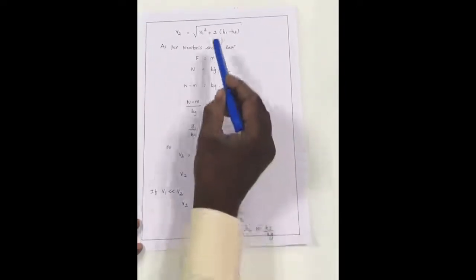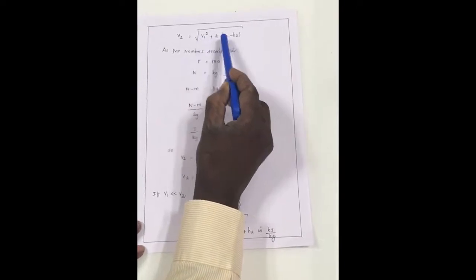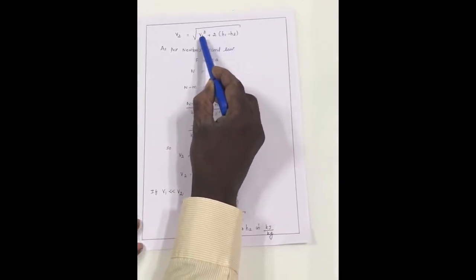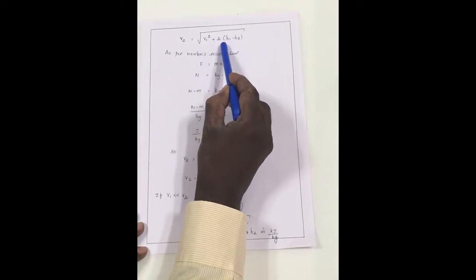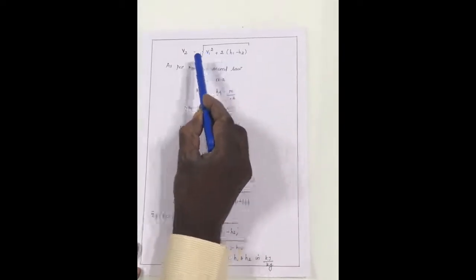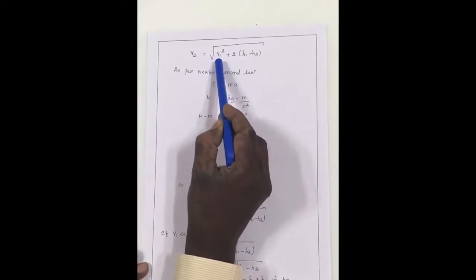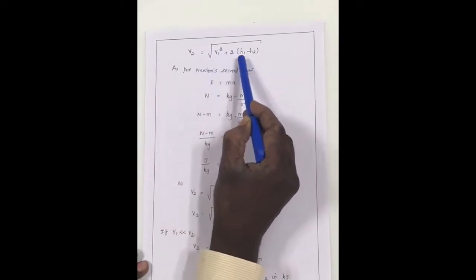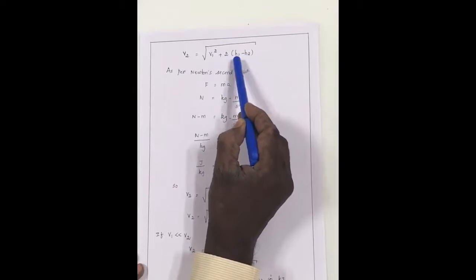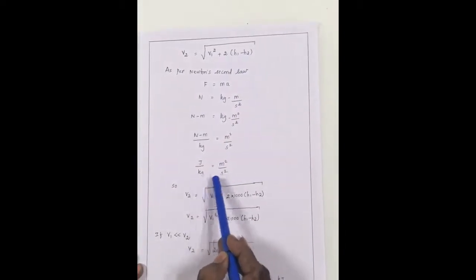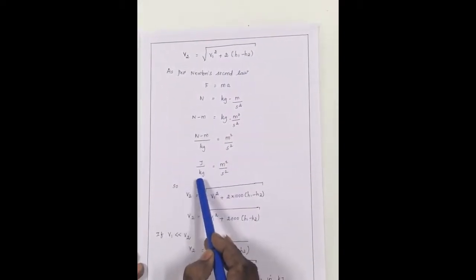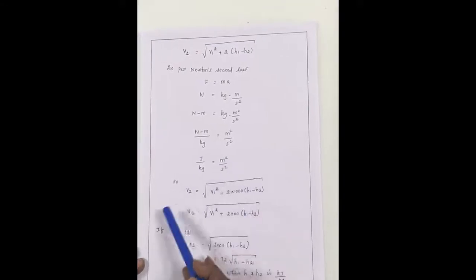Here we have velocity and enthalpy, and we are going to add both, so the units should be the same. The velocity unit is meter per second, so V1 squared is meter squared per second squared. So H1 and H2 should be in joule per kilogram, because 1 joule per kilogram equals 1 meter squared per second squared.